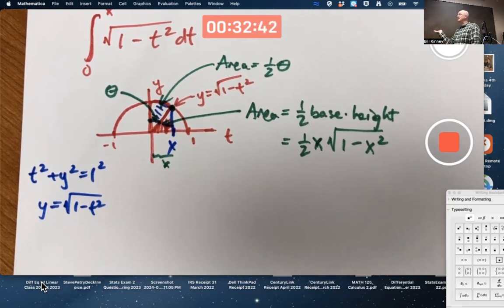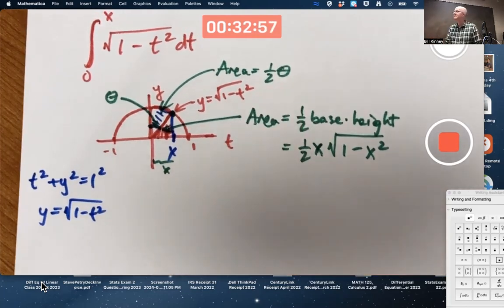What if it were half the unit circle? The angle would be pi in radians. 1/2 times pi is pi over 2, the area of half the unit circle. 1/2 times theta, where theta is in radians. And it works with any other angle in radians as well.